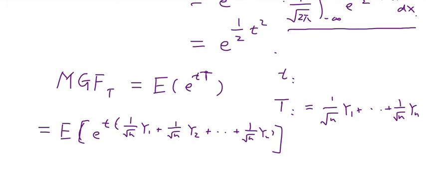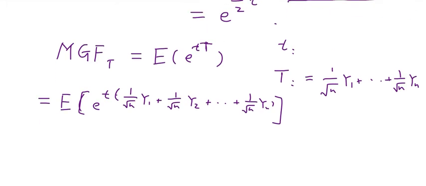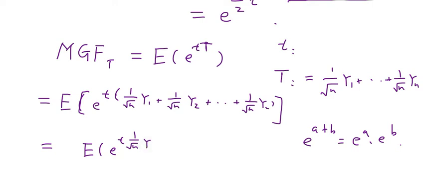We know e to the a plus b equals e to the a multiplied by e to the b, right? So this becomes e to the t over root n y1 multiplied by e to the t over root n y2, and so on up to yn, becoming multiplication.